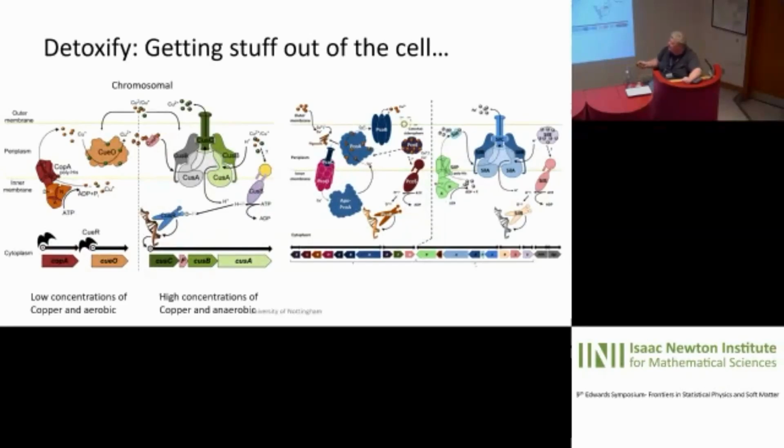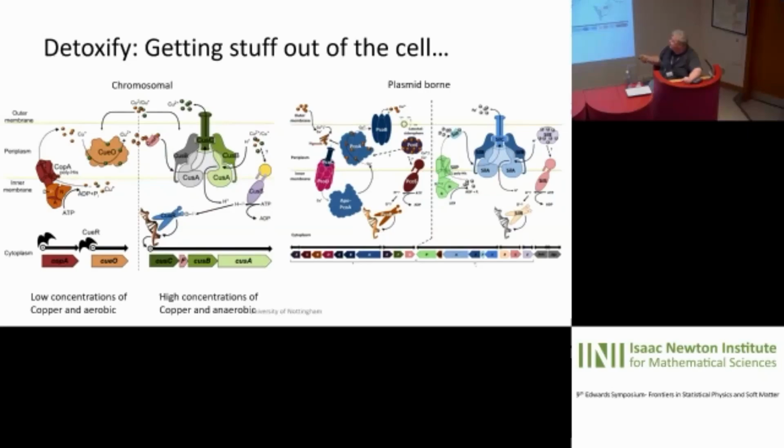But predominantly, this is the inner and outer membrane. You have systems here which efflux things out, systems here which chaperone things onto these systems as well. And these can be carried either on the bacterial chromosome or on mobile genetic elements, plasmids as well, so they can be passed around quite quickly.